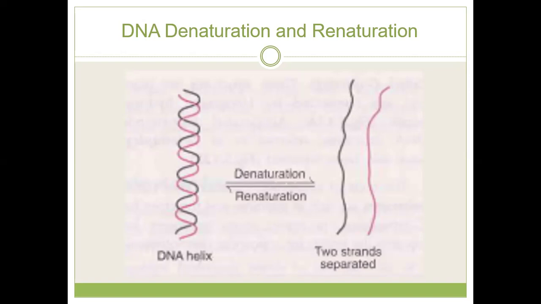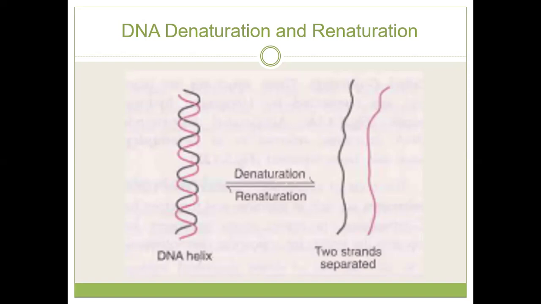Now, talking about the temperature, remember we said in DNA, adenine binds to thymine through two hydrogen bonds, while guanine binds to cytosine through three hydrogen bonds. Between adenine and thymine forming two hydrogen bonds and guanine and cytosine forming three hydrogen bonds, which bond is stronger?